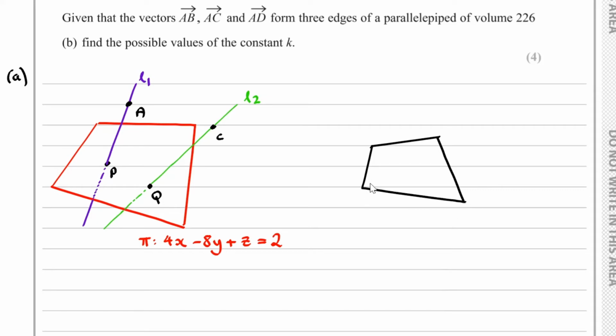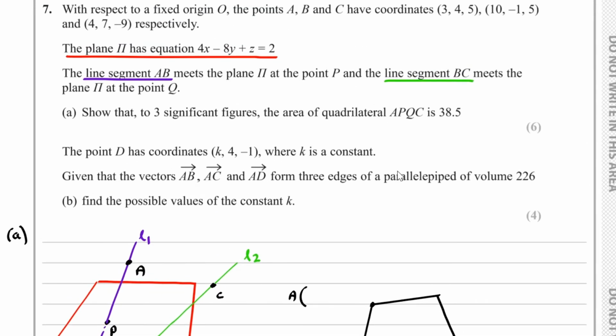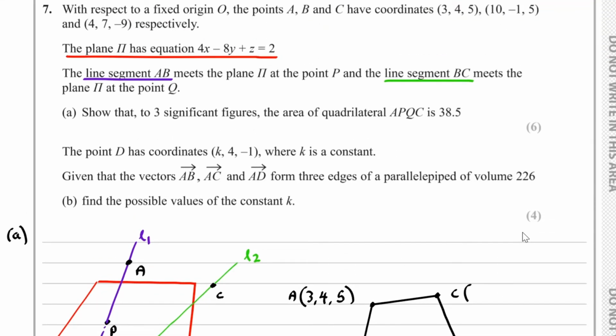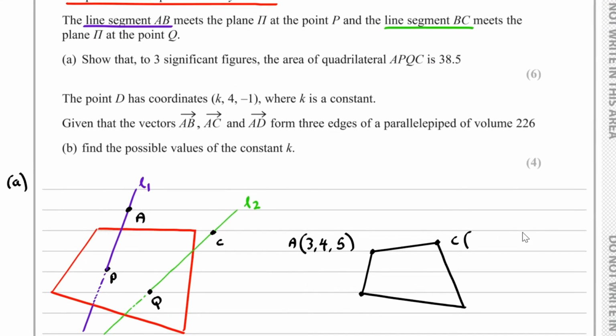This over here is our quadrilateral. We have A with coordinates (3, 4, 5), and C over here with coordinates (10, -1, 5).